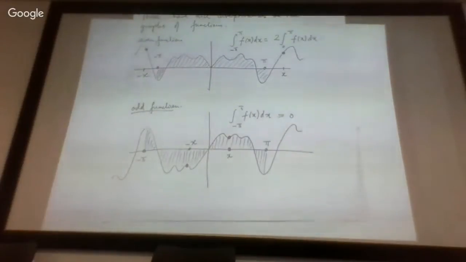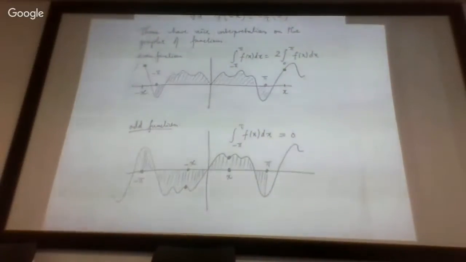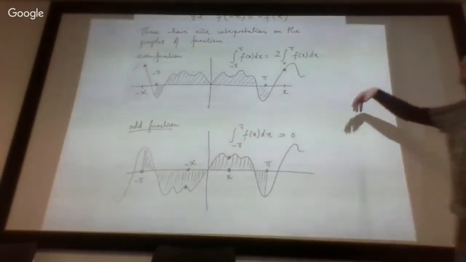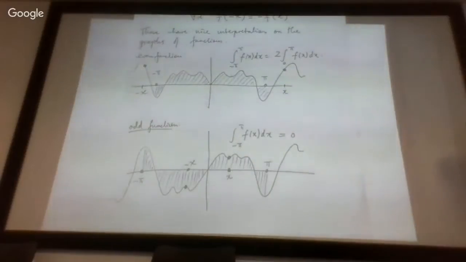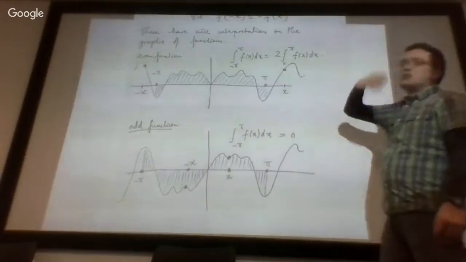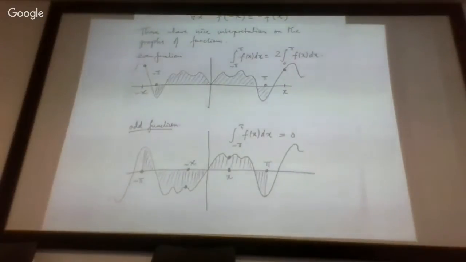Okay. So this nice behavior of odd and even functions, when you integrate them across intervals centered at the origin, is going to have consequences for their Fourier series. But of course, if we consider this f to be the objective function, the function that we might be finding the Fourier series of, we only integrate f alone when we're working out the constant coefficient, a0, in the Fourier series.